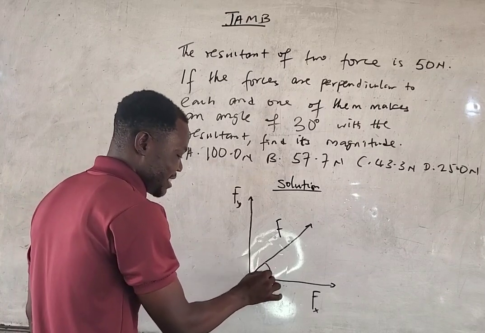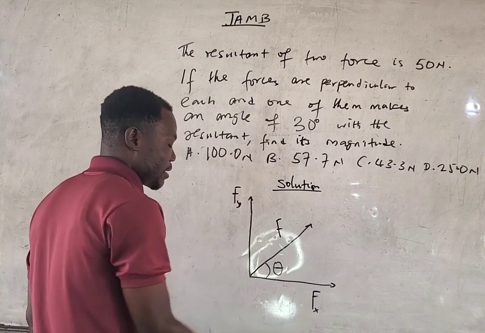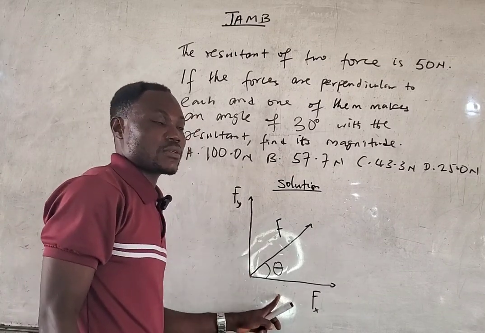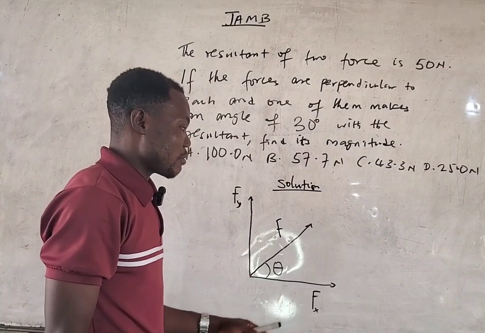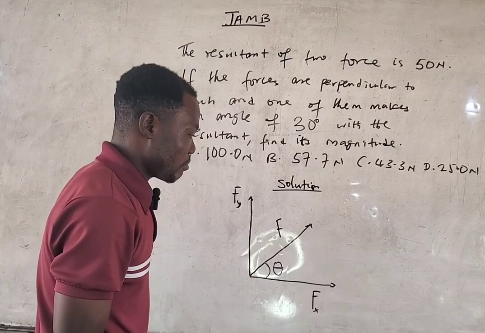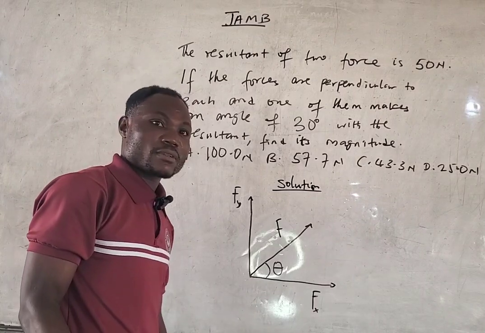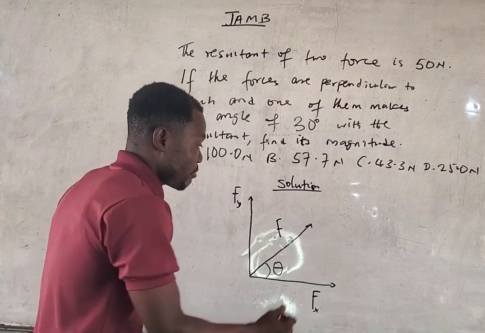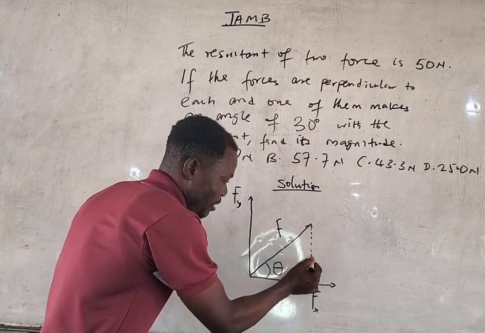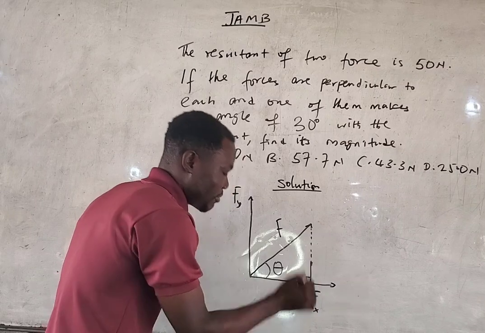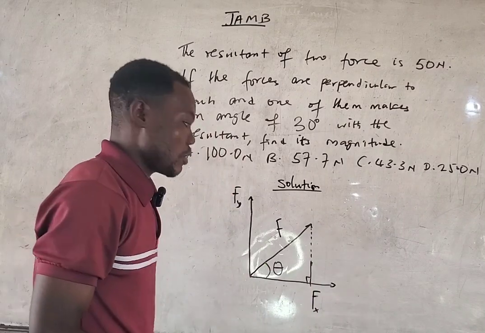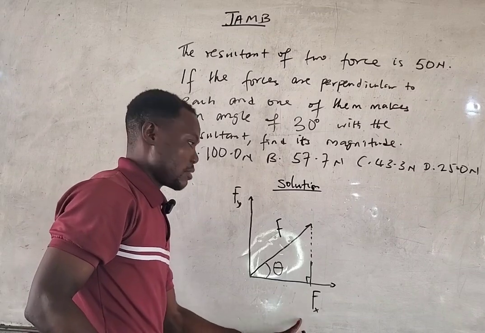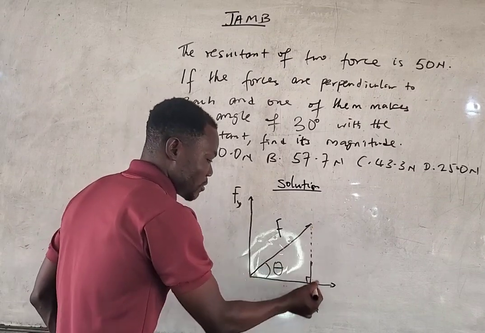So if here is the angle made by F with the horizontal, then we can see from trigonometry that if we drop a vertical here down to this place, so we have an angle of 90 degrees, this is a right angle triangle. This side of the triangle represents the horizontal component, while this side represents the vertical component.